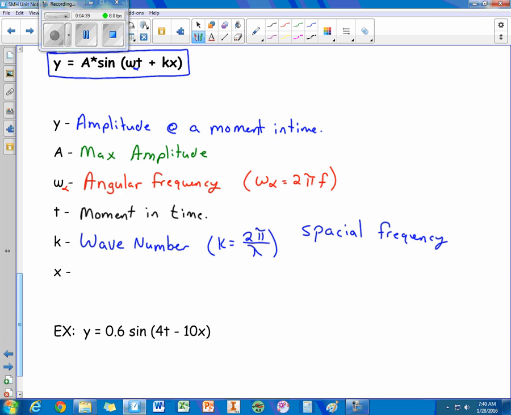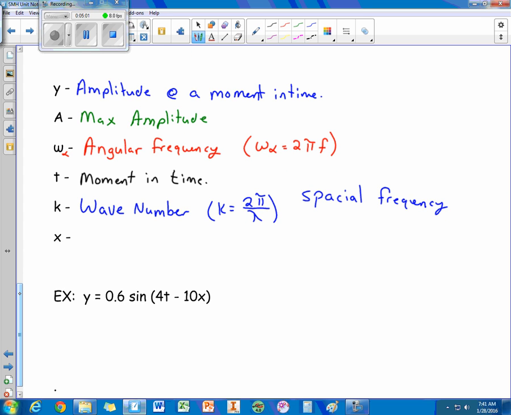Frequency, f, is kind of like the cycles per unit time. How many oscillations happen in a second. Spatial frequency is how many cycles per unit distance. We've got x, and this is basically the position. It's a position in a moment of time.